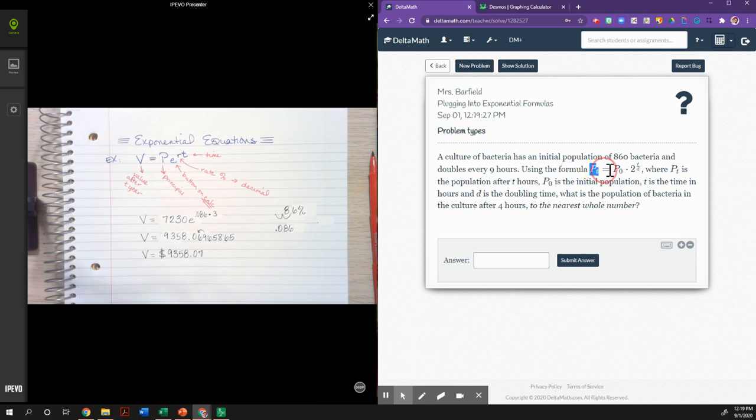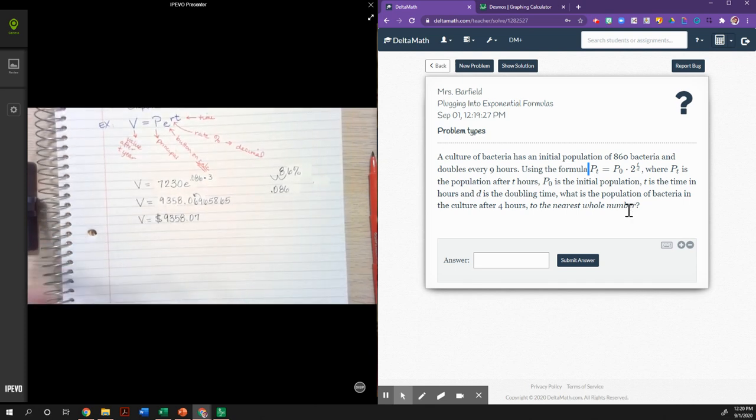Using the formula P sub t equals P sub 0 times 2 to the t divided by d, where P sub t is the population after t hours, P sub 0 is the initial population, t is the time in hours, and d is the doubling time, what is the population of bacteria in the culture after 4 hours to the nearest whole number? These examples are you taking the formula that's been provided to you and making those substitutions.